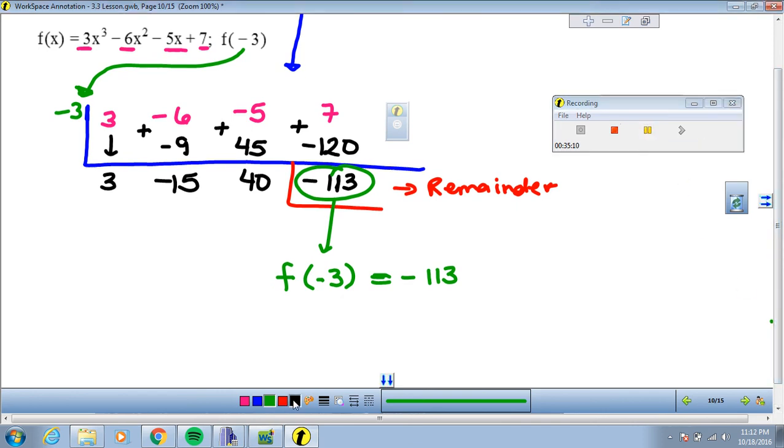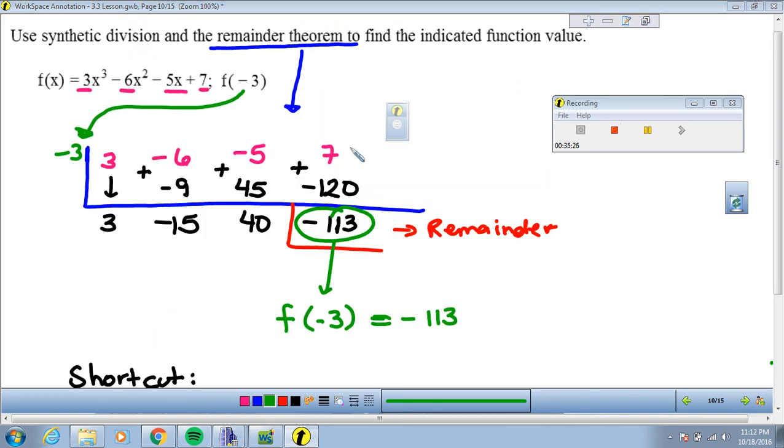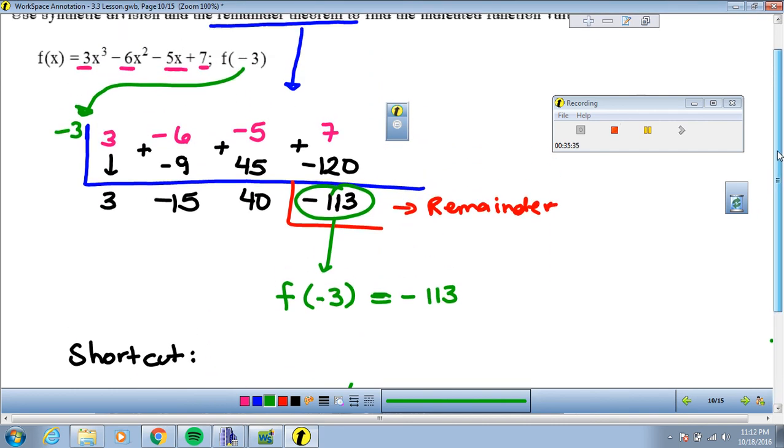Okay, so what is the shortcut? The shortcut to using the actual remainder theorem is substituting that value into every x in the polynomial. So you have 3 times, I'm leaving the space so that in every x I'm going to put in that number.